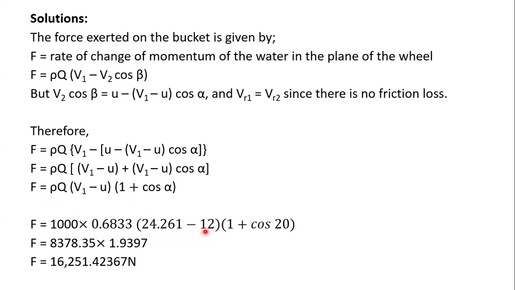That is the absolute velocity of the bucket, which was 12 meters per second. Then we also have 1 plus the cos 20, the angle that we just found. When you enter all this in your calculator, your force will come out to 16,251.42 newtons.